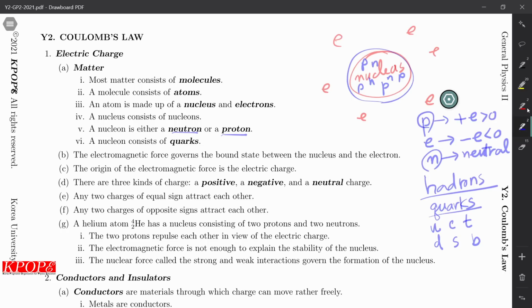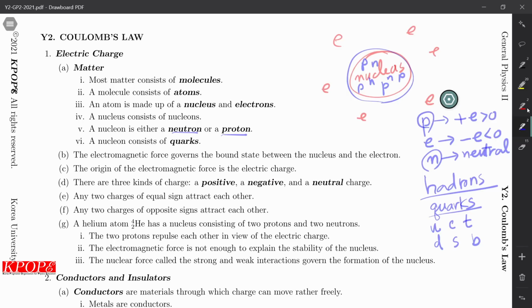Therefore, in addition to the electromagnetic force, there must be a very strong force combining them together. That is called nuclear force. Nuclear force is composed of 2 kinds, strong force and weak force. But we are not so much interested in that advanced material in this class. We focus only on the electromagnetic force.